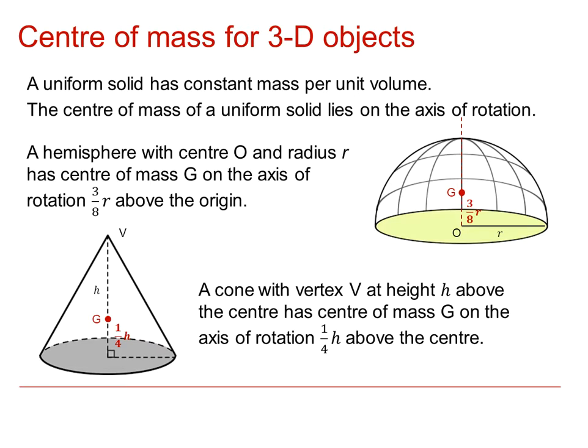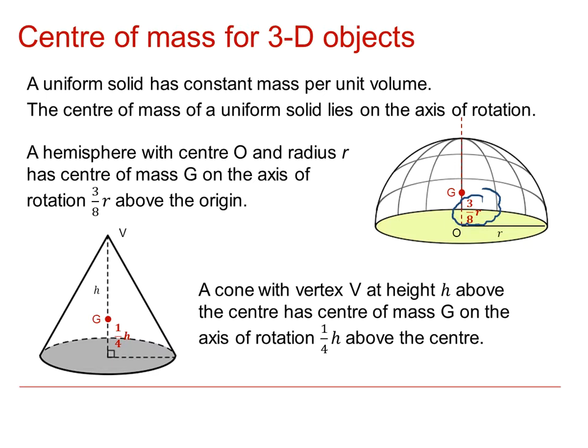Turning now to three-dimensional objects, you'll be given in formula sheets or maybe in questions the positions of center of mass of certain objects. Here we're looking at the position of center of mass of a hemisphere, which you're told is 3/8 of the radius above the center of the base.